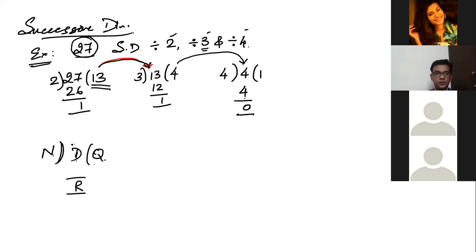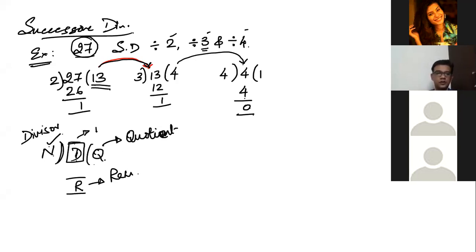So basically terminology is used, right? So this N may be something else also. But remember that the one in the center is called the dividend. The one you're dividing by is called the divisor. One here is a quotient. And one here is a remainder. So these are the terminologies used.